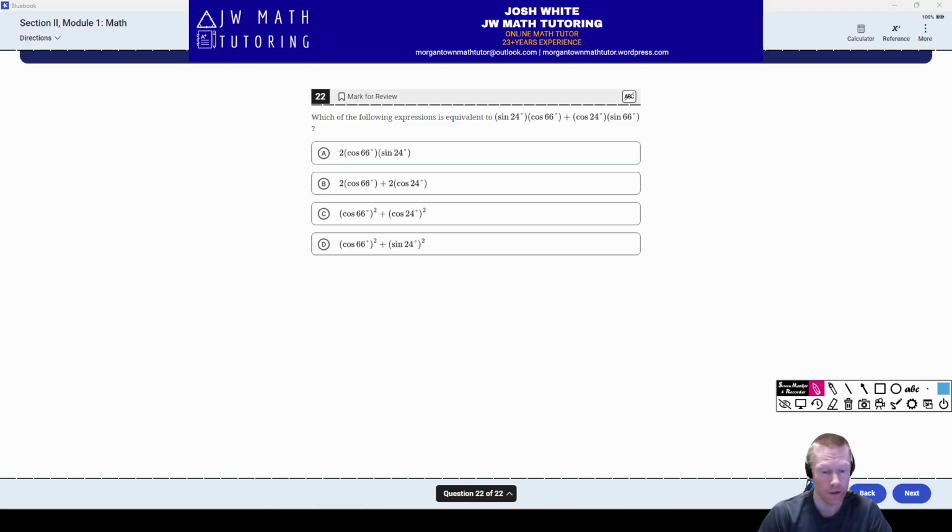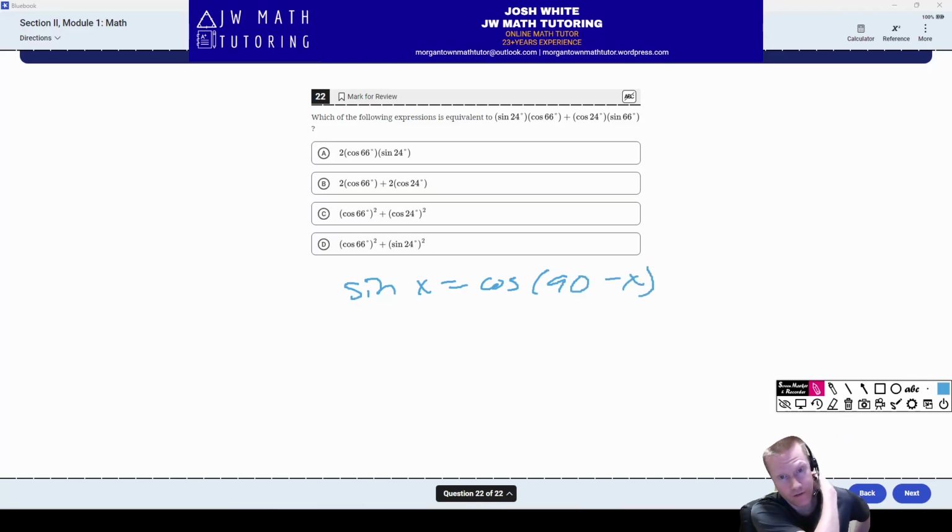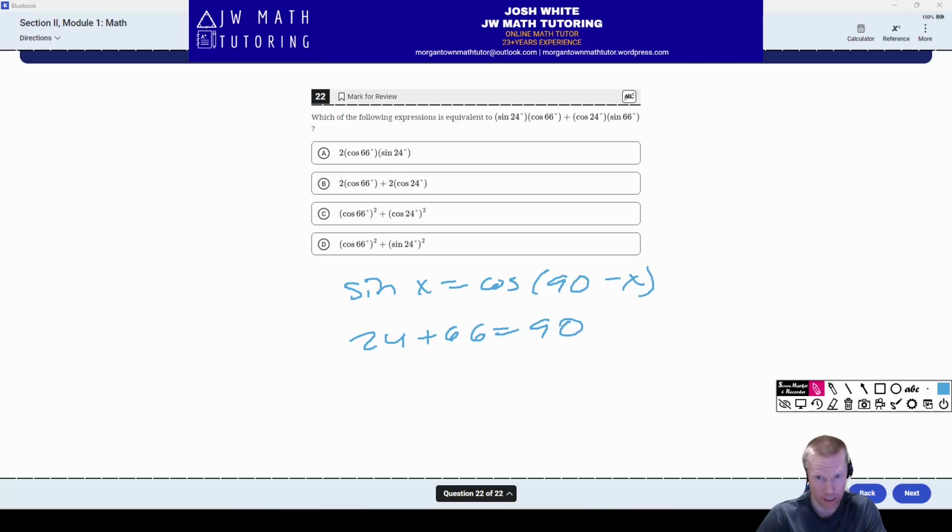The actual property or rule that you're applying to this problem is that the sine of x is equal to the cosine of 90 minus x. In other words, the sine of an angle is equal to the cosine of the complement of that angle. So what you notice is 24 and 66 are complements. They add up to 90.